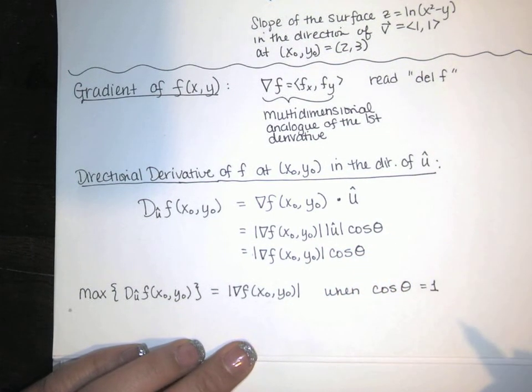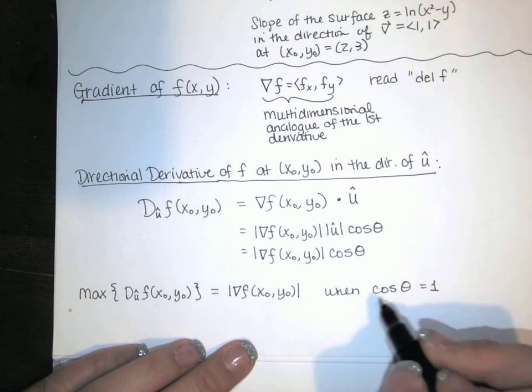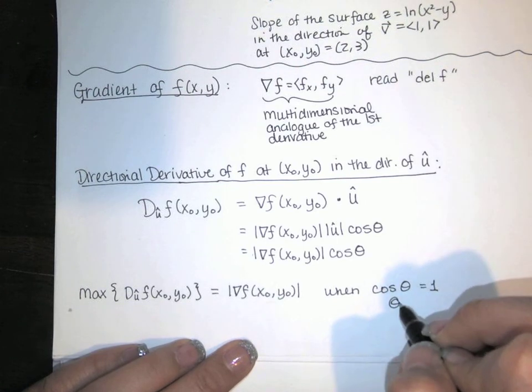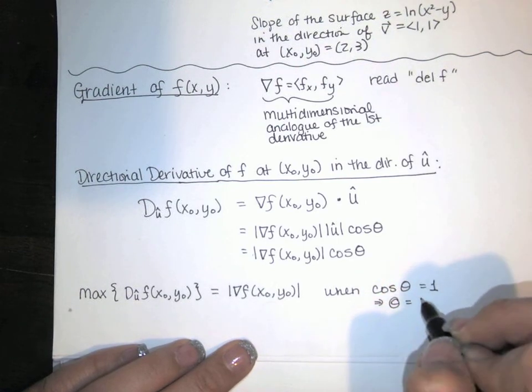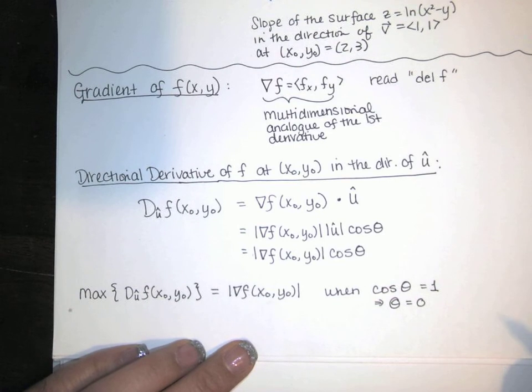Now remember, cosine of theta equals 1 when theta equals 0, and lots of other times, but the one we're probably most interested in is 0 degrees or radians, either one is fine.